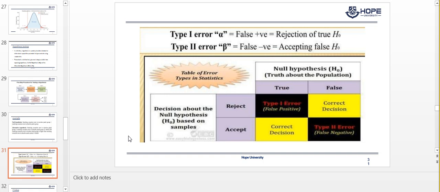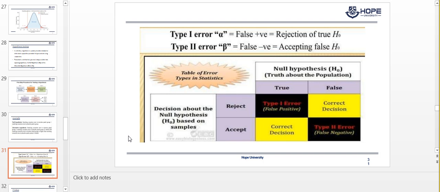So our hypothesis testing should occur like a 2x2 table in 4 ways: true, false, reject, accept. In true and reject, we have one error. We can call it type 1 error or false positive. In rejection and false, we have a correct decision. In the side of true and accepted, we have a correct decision.